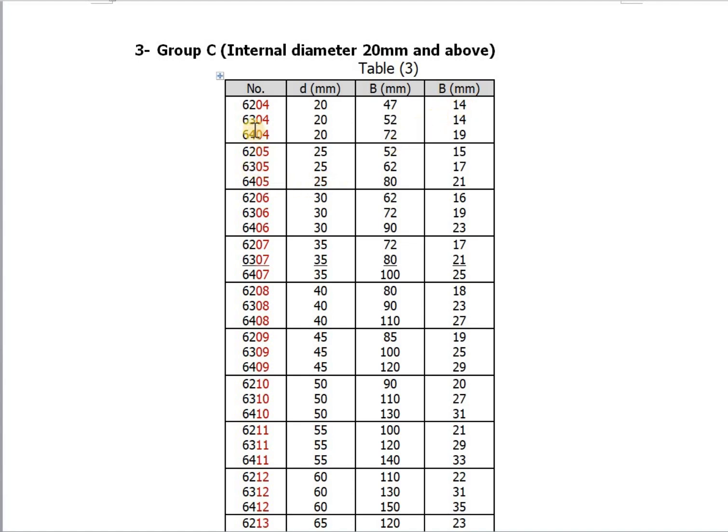For heavy series 4, the internal diameter is fixed and the change will be in the outside diameter. That means 72. Also, the width is different, and so on. We can go down the same way. 05 means 25, and so on.